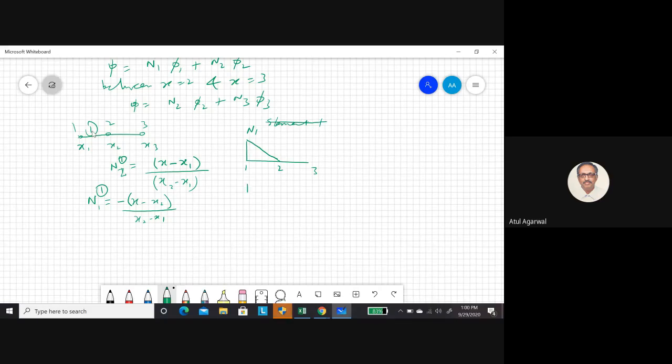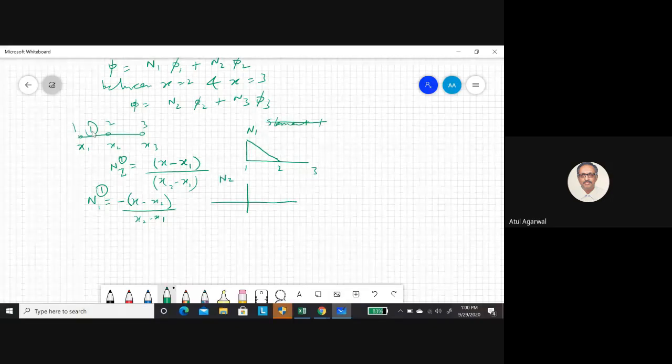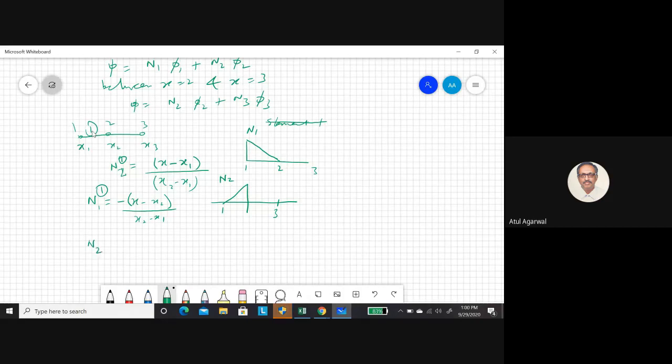Then N2 has value 1 at this point and 0 at this point. But N2 also has a definition in the second element.